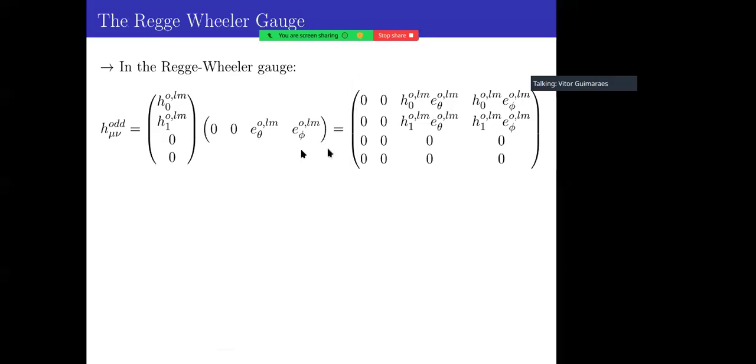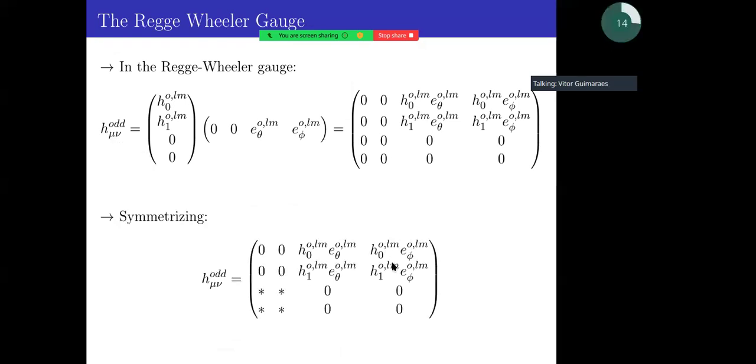But we need to symmetrize this. What I mean by this is that h_μν and h_νμ must be equal. So we have to symmetrize this, which is basically to say that these two matrix elements here are equal to this here.